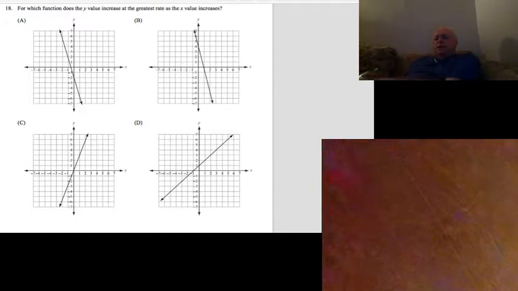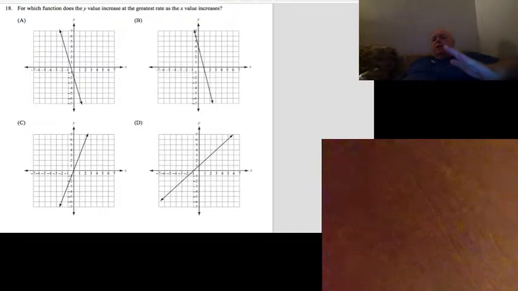Yes, they're both moving, but for every x on D, y only moves 1. But for every 1 on choice C, y moves by 3. So it's moving faster. It's going straighter up, so to speak. The more vertical the line is, the faster y is increasing.